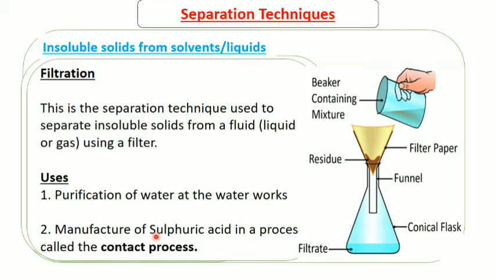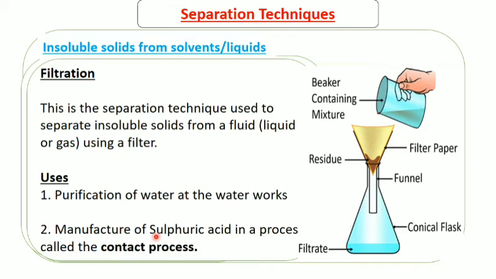Usually wherever it is taken, this sulfur dioxide has dust particles. So this gas has to be cleaned. The dust particles have to be removed. Therefore, we use filtration. We just pass the gas on a filter mechanism like a filter paper.